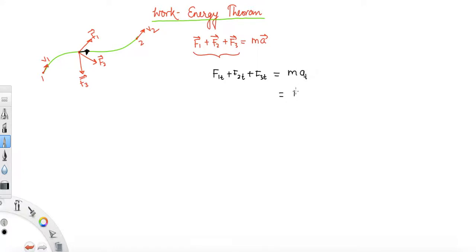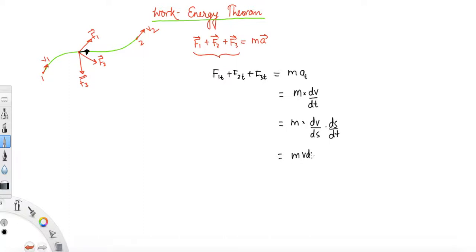Now we can write m times at as m dv over dt, the rate of change of speed, which can also be written as m dv over ds times ds over dt, and ds by dt is, by the way, the speed v.